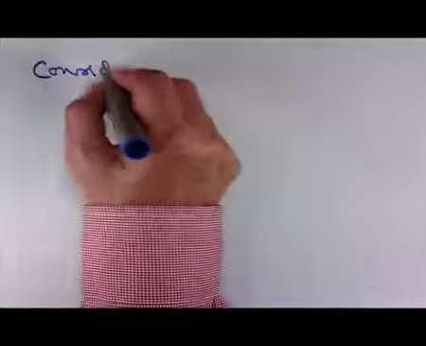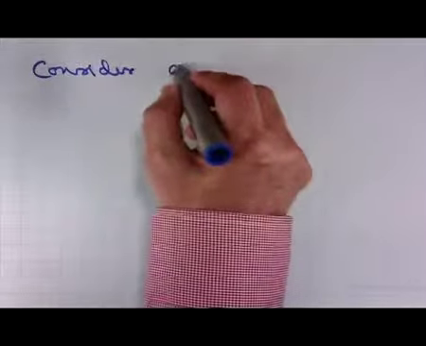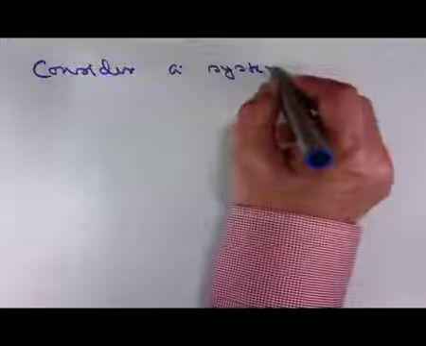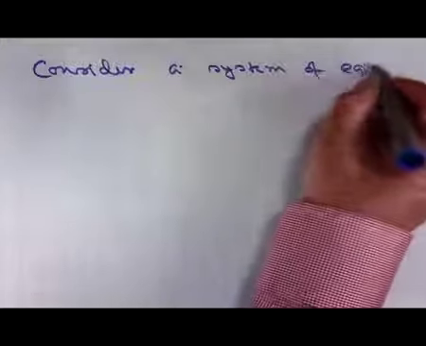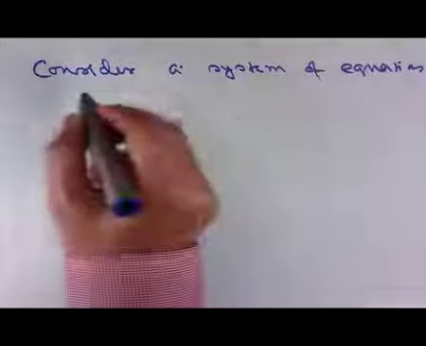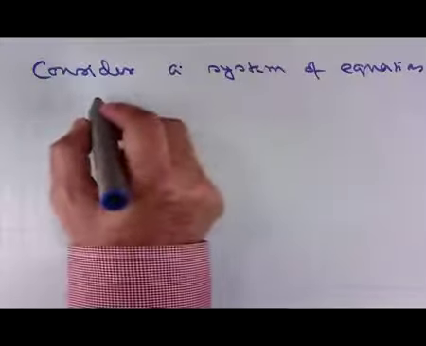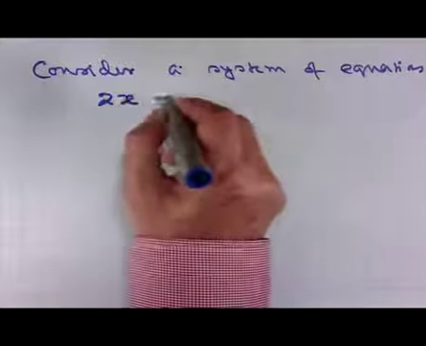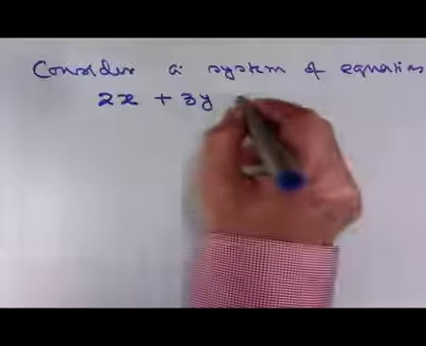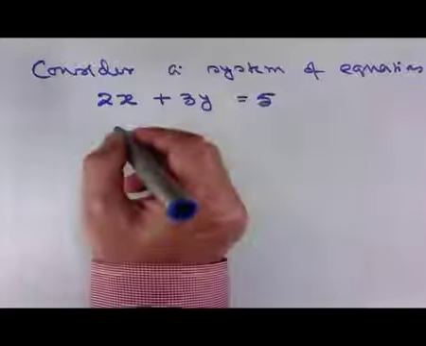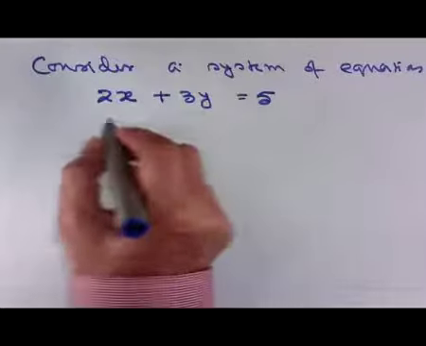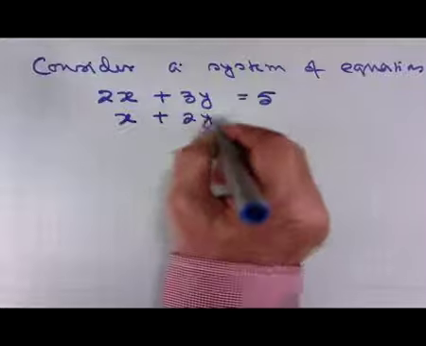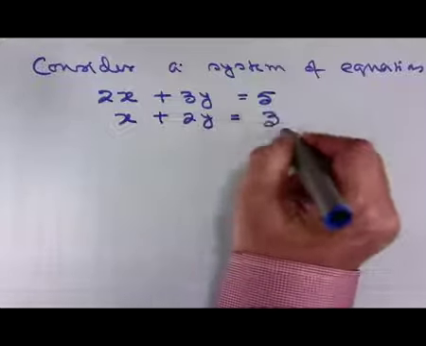Now, consider a system of equations such as 2x plus 3y is equal to 5 and say x plus 2y is equal to 3.